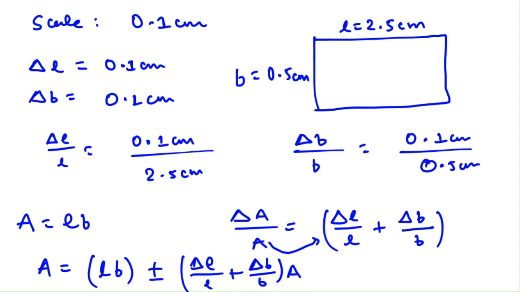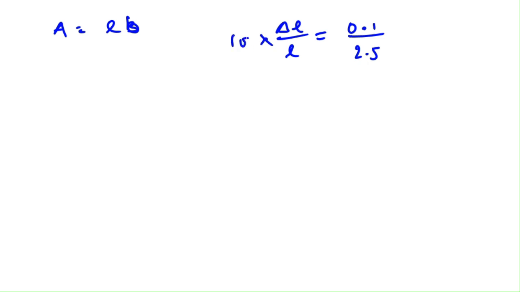Or there is another thing. We can write all these things in terms of percentage error. For example, if we want A equals to L into B and delta L by L is 0.1 centimeter divided by 2.5 centimeter, ultimately centimeter will be cancelled out. So we can write percentage error. So this will be, I think, 4%.